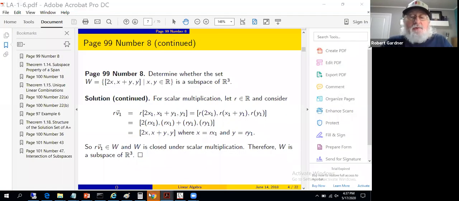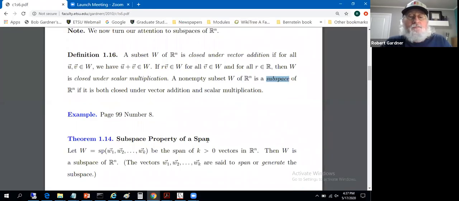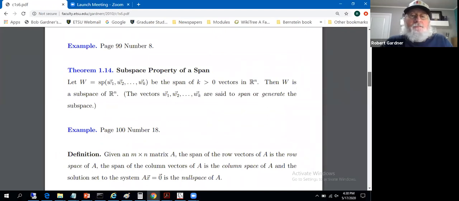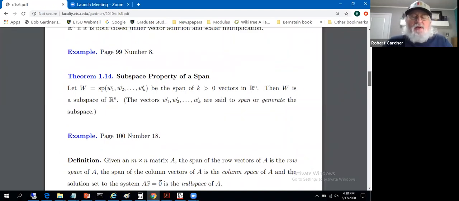Okay, back to the notes. Subspace property. Okay, we're working our way towards a definition of a basis of a space and a basis of a subspace. Theorem 1.14 says, let W be a span of the vectors w1 through w sub k.